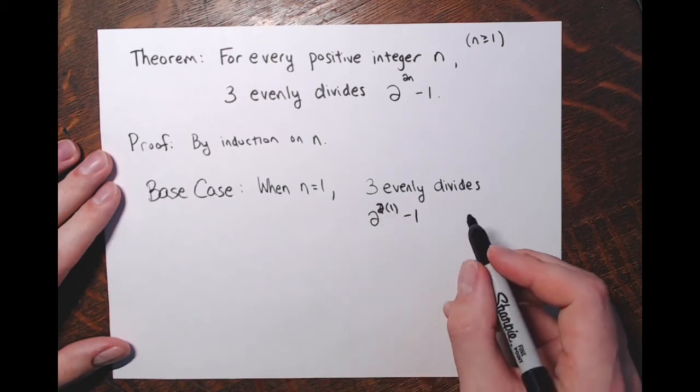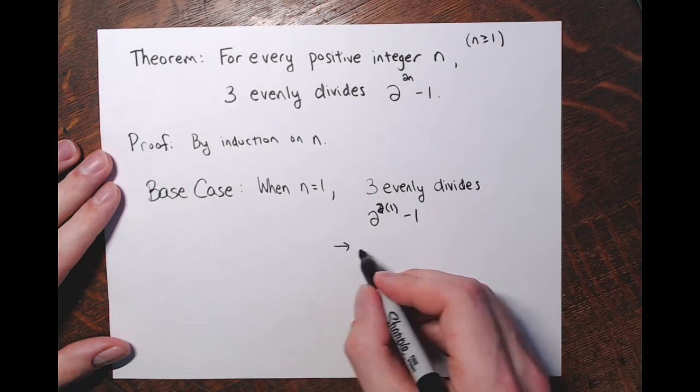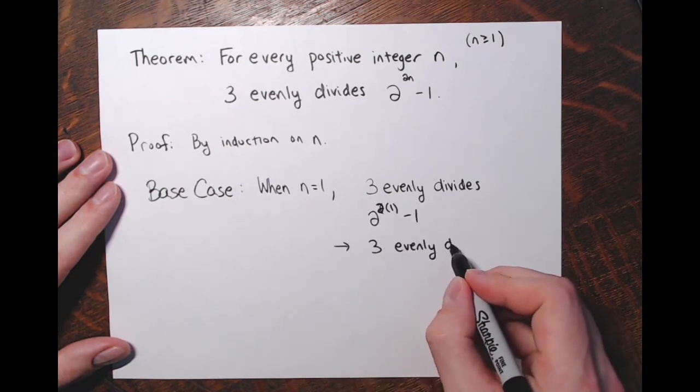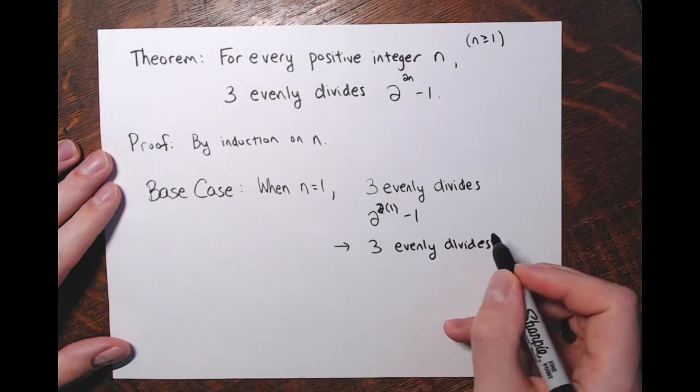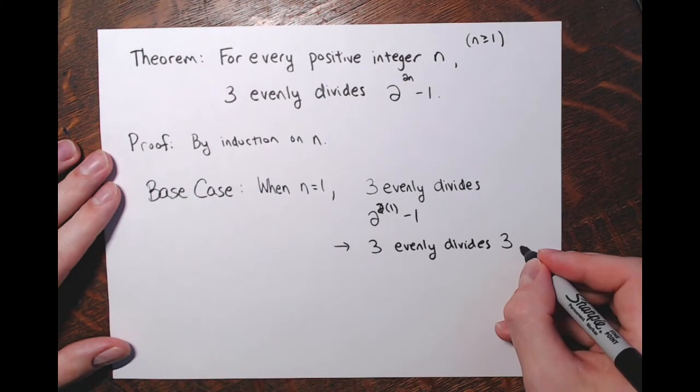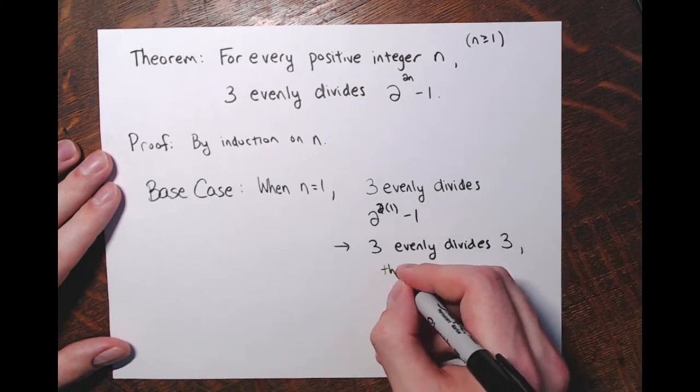Now let's see if that's true. That's 3 evenly divides 4 minus 1, 3. And this is true.